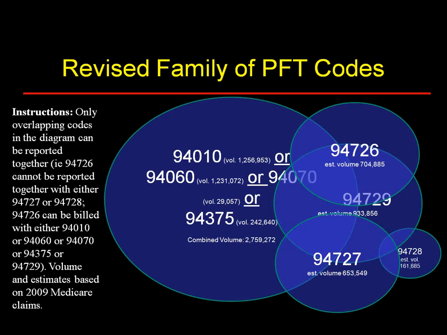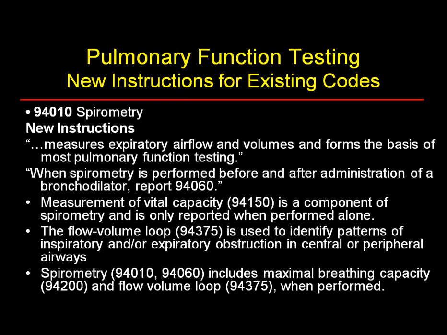And of course, impulse oscillometry, 94728, can serve as the base code for the diffusing capacity maneuver, 94729, or can be billed in addition to the 94727, the gas dilution techniques, to the extent the patient can proceed with those measurements. Next slide.